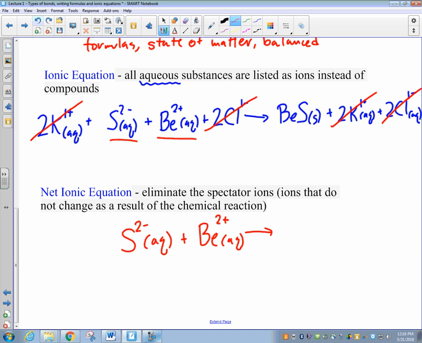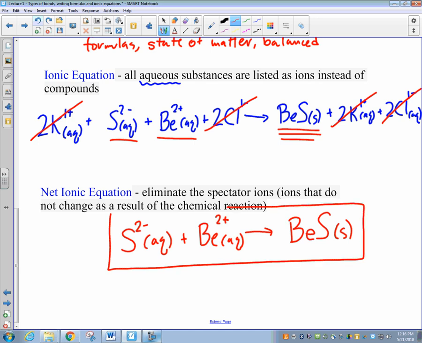And when those two ions combined together, they formed our product that is the precipitate in this reaction, the beryllium sulfide in solid phase. And this overall net ionic equation really shows the real chemical change that took place, ignoring all those other species that were just happening to be there, but not actually participating. That is the potassium ions and the chloride ions.